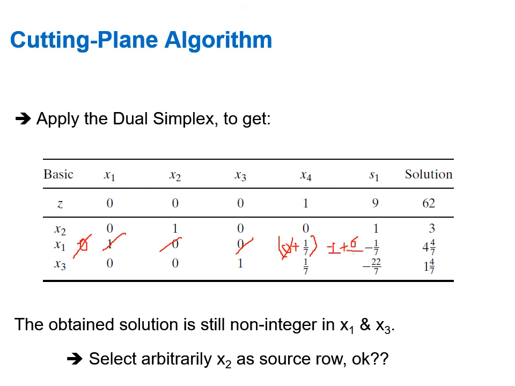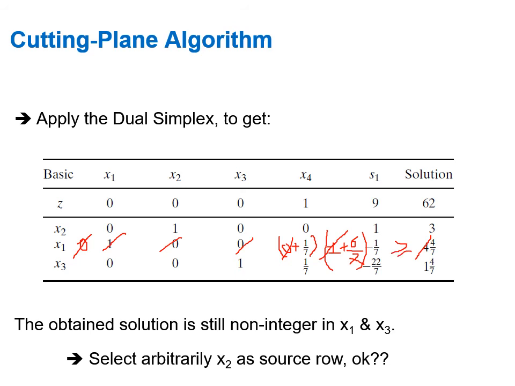And if you write this, you obtain as a result minus 1 over 7. So this minus 1 over 7 here is equal to minus 1 plus 6 over 7. And what do we do? We eliminate the integer part, and the remaining part is 6 over 7. And for the right hand side, we have the integer part 4 eliminated, and the remaining part is 4 over 7.